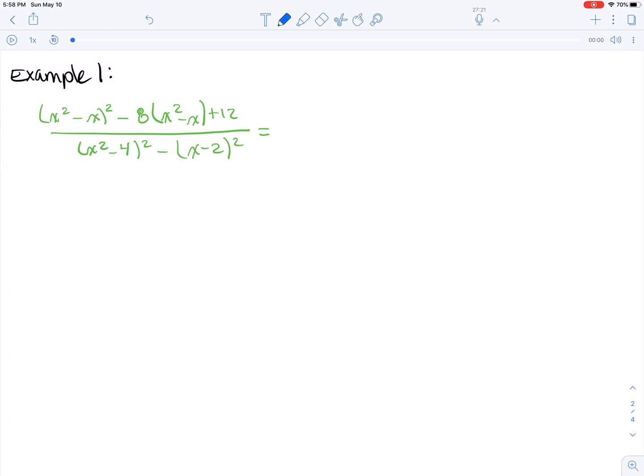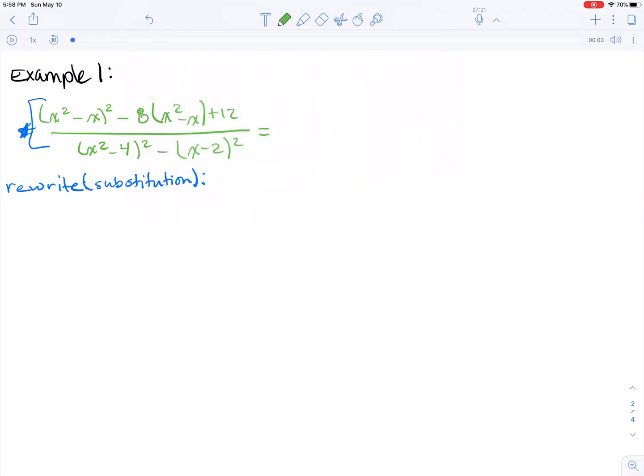When looking at this, it seems extremely complicated, and for a lot of you, it seems very intimidating. So the first thing I'm going to do is what we call a rewrite, or as I like to call it, substitution. By doing this, I'm going to make my original equation look a little bit simpler so I can figure it out a little bit faster.